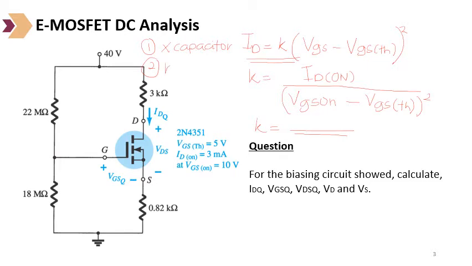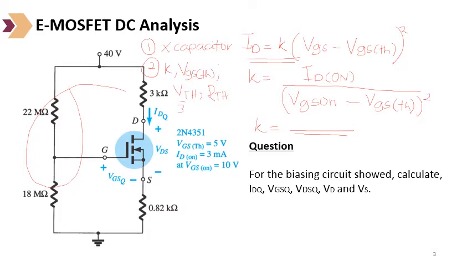For example, the value of K, the value of VGSTH, the threshold value of the gate-to-source voltage. And other than that, what else? The VTH, if the question is related to the voltage divider, and also the RTH and so on.